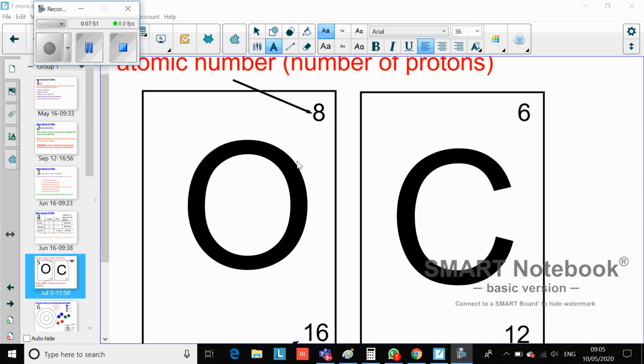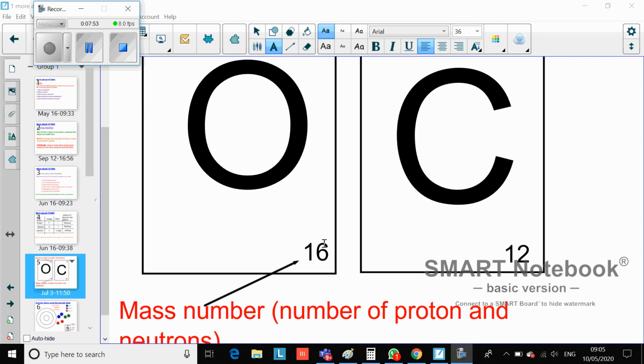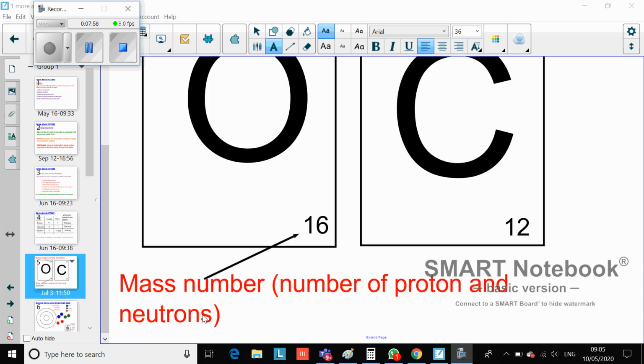Now this next number down here is the mass number. The mass number is the number of protons and neutrons together. It's 16. Now, we can do a little bit of clever maths here, because I could ask you, what is the number of, say, neutrons in an oxygen atom? Let's work this out.